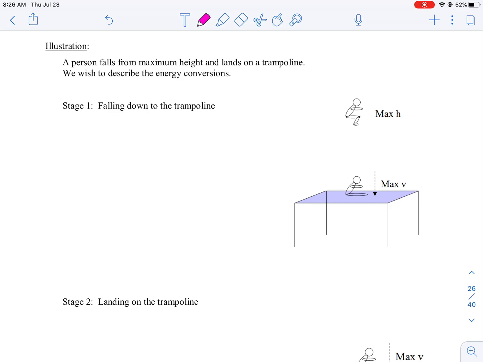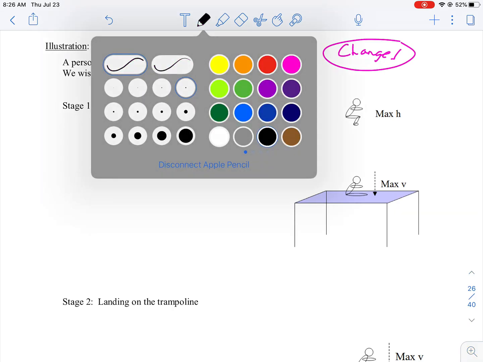So we have a diagram here of a person going from maximum height and falling down towards a trampoline. And we need to do the energy conversions. So again, remember, anytime you think about conversions, you're going to think changes from one to another. To help you with this, I'm going to show you a technique that students often enjoy.